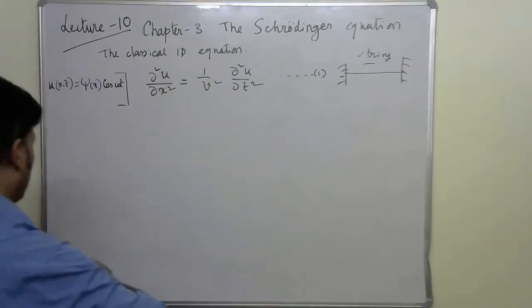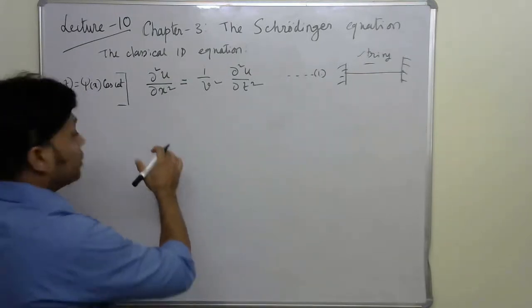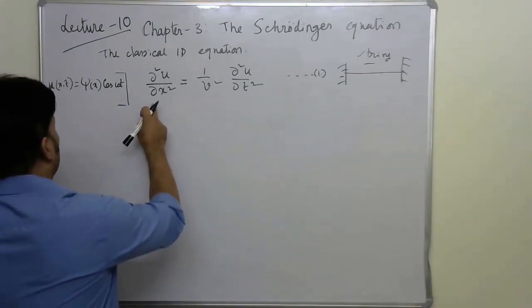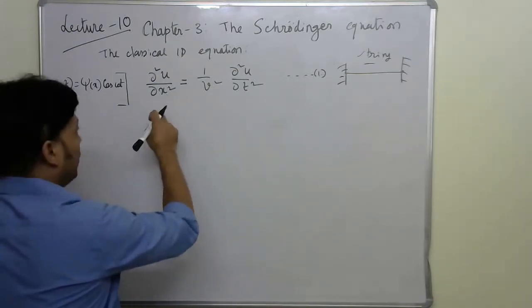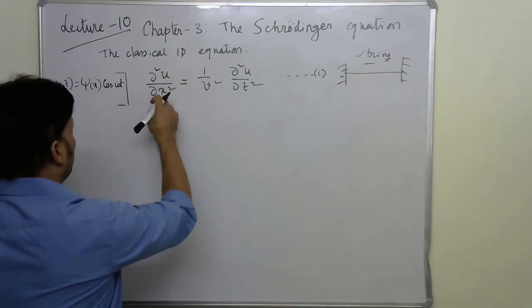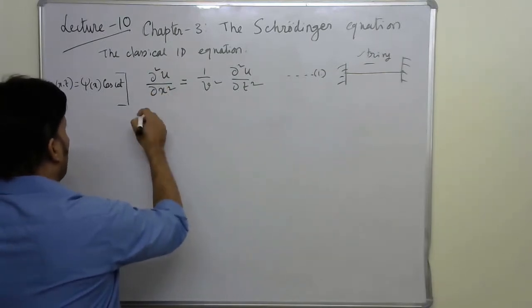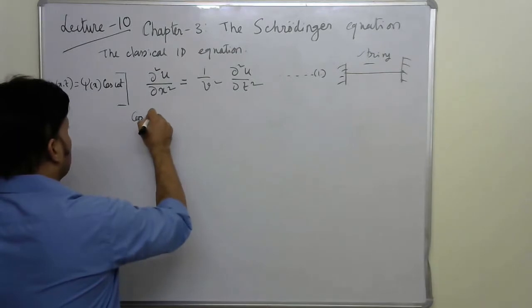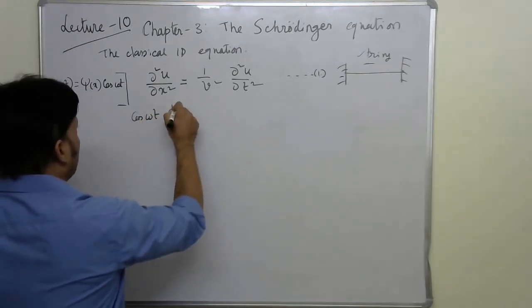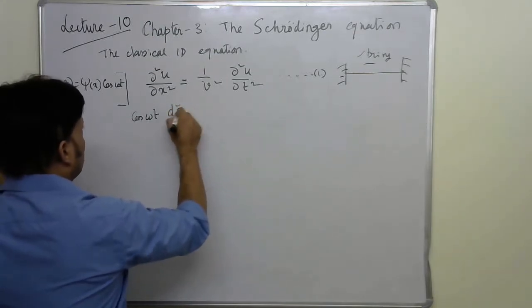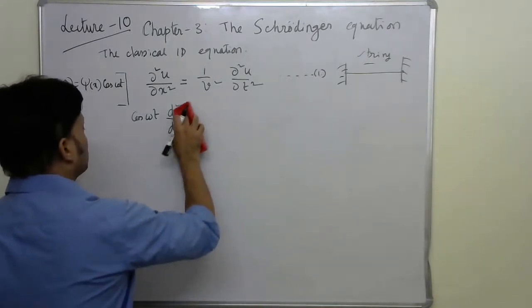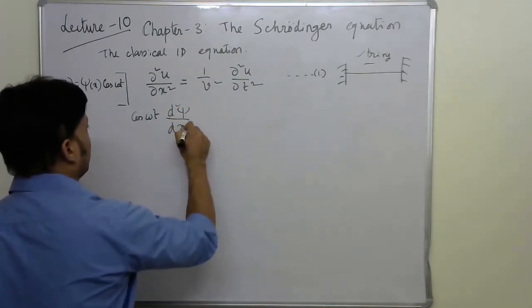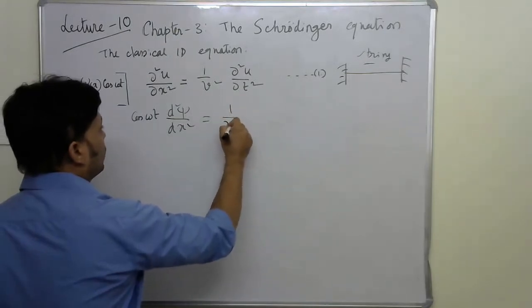Let's take the partial derivatives. U is a function of both x and t. When we take the second derivative of U with respect to x, cos omega t serves as a constant, and we get the ordinary derivative d2 psi dx square, equal to 1 over v square.